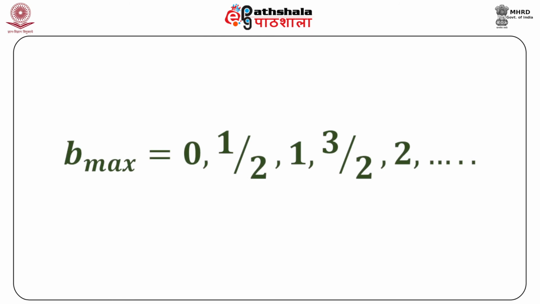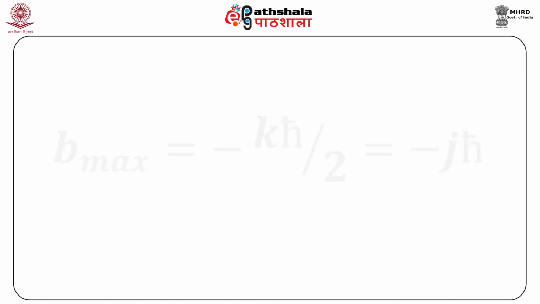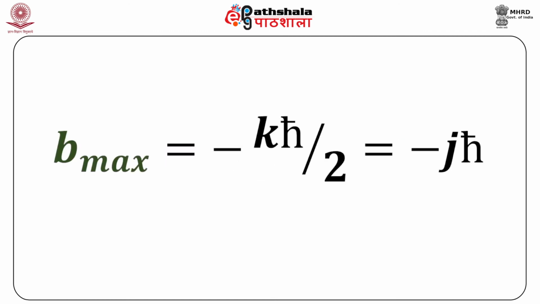So B max can have values 0, 1 by 2, 1, 3 by 2, 2 and so on. And likewise B min becomes equal to minus kħ by 2, which is equal to minus jħ.